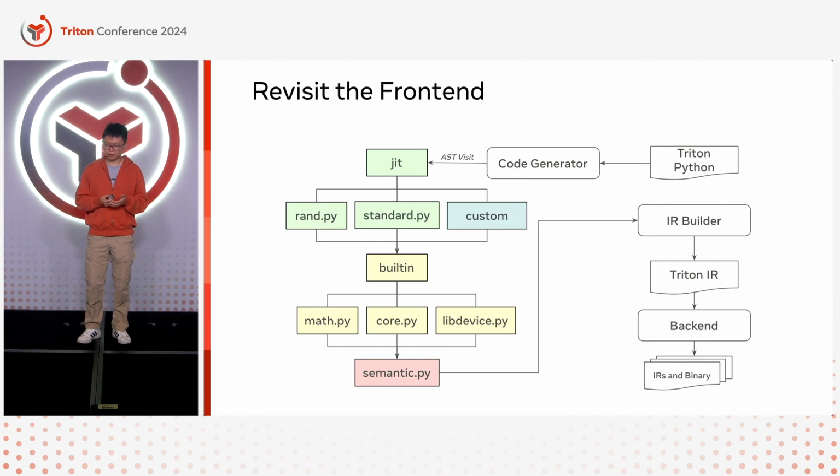In each Triton operation, we are going to go through a few semantic checks and match it with the core Triton operation. Then each core Triton operation will be lowered to Triton IR by an IR builder. This Triton IR is already in MLIR dialect. Then going through a few backend transformations, the Triton IR will be lowered to LLVM IR or other assembly code. Then finally, we'll invoke assemblers from different hardware vendors and compile it to binary executables.